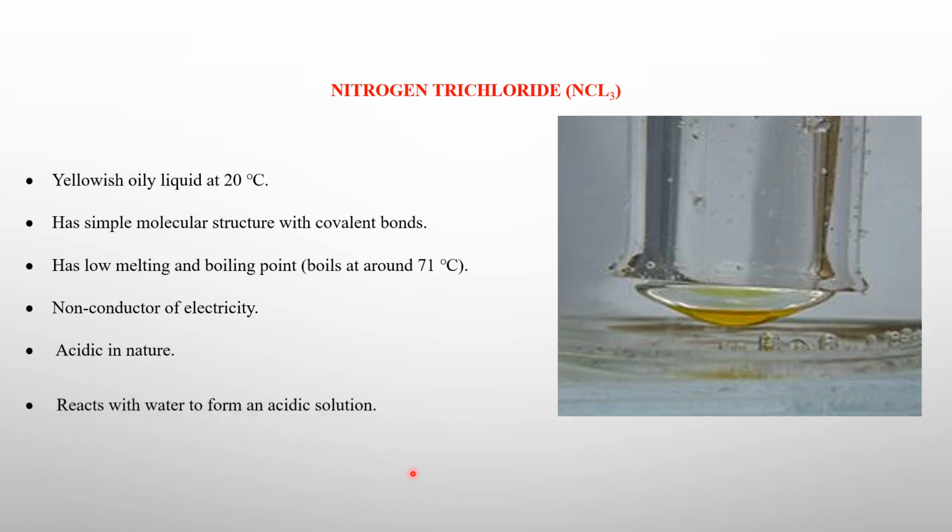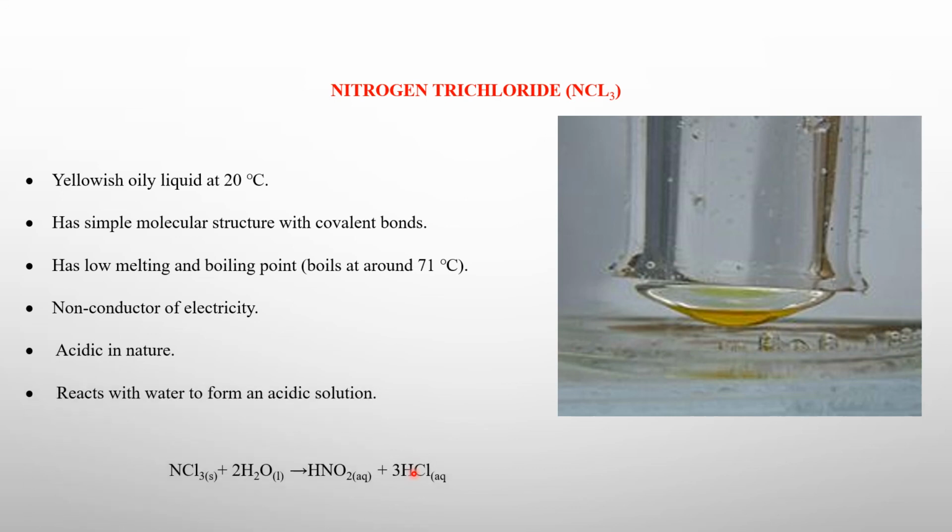It is acidic in nature because it reacts with water to form an acidic solution, and this is the reason why nitrogen trichloride is acidic. It reacts with water to produce nitrous acid plus hydrogen chloride fumes.